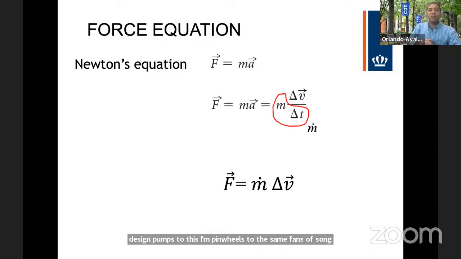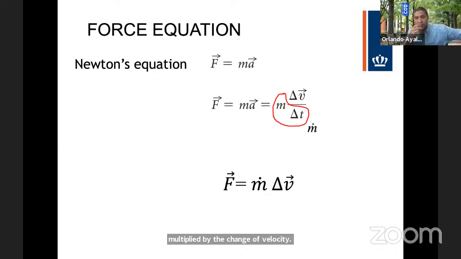And here's the interesting thing about this equation. Look at that equation. Force is equal to mass flow rate, the one that I told you to write down before, multiplied by the change of velocity.